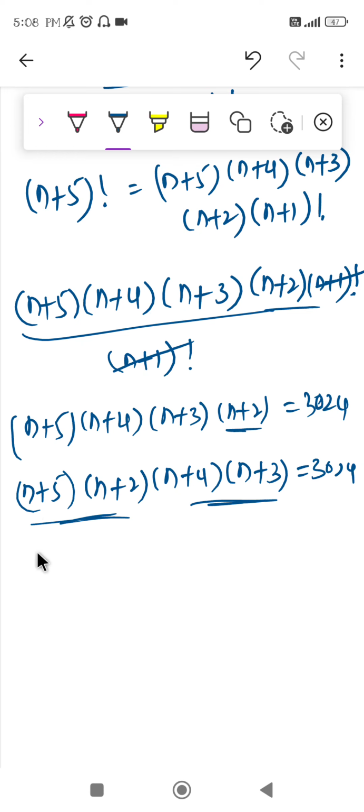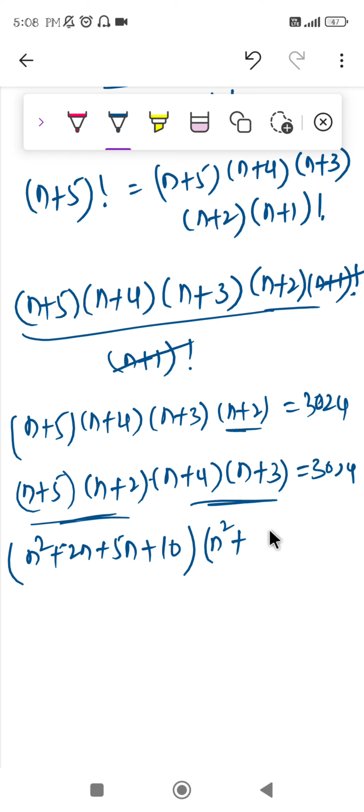So it becomes n into n, n square; n into 2, 2n; and 5 into n, 5n; and 5 into 2 is 10, right? And now these other two terms we need to multiply, then it becomes n into n, n square; n into 3, 3n; and 4 into n, 4n; and 4 into 3, 12.